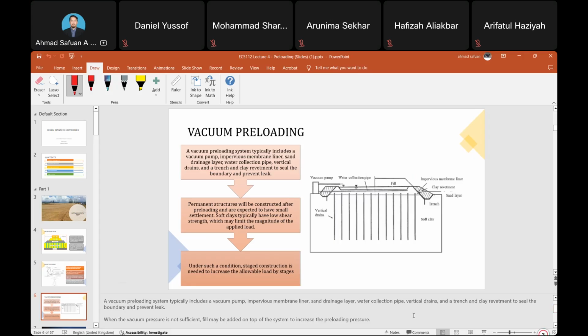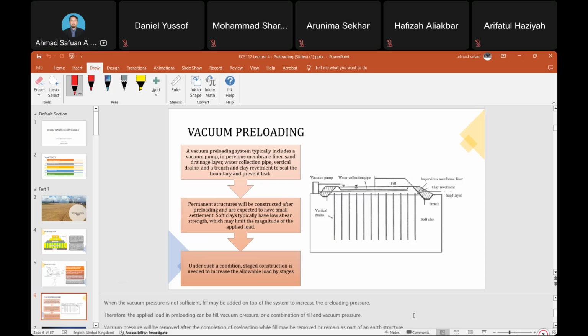When the vacuum pressure is not sufficient, because the maximum, as I know, can go up to negative 80 kPa, if the system doesn't work with negative 80 kPa, then we need to fill an additional load to increase the preloading pressure.